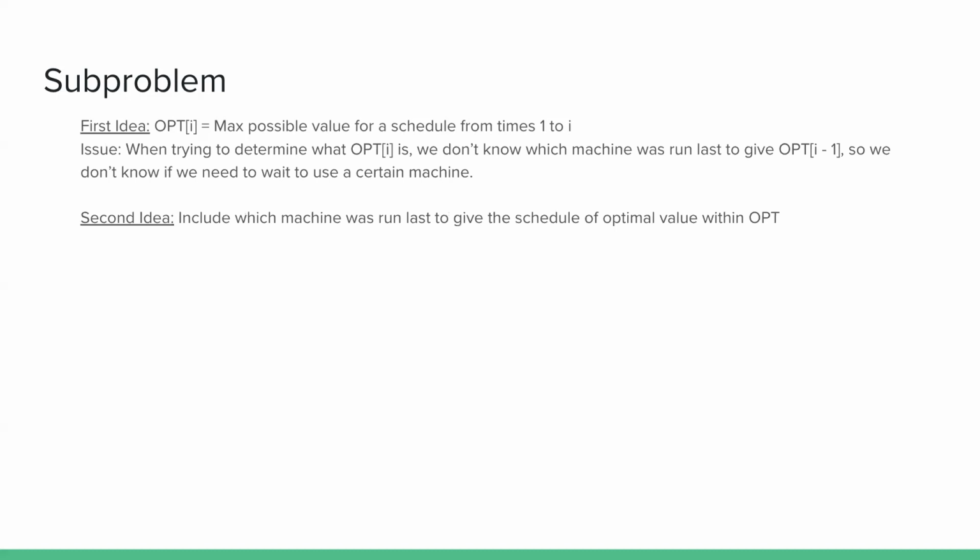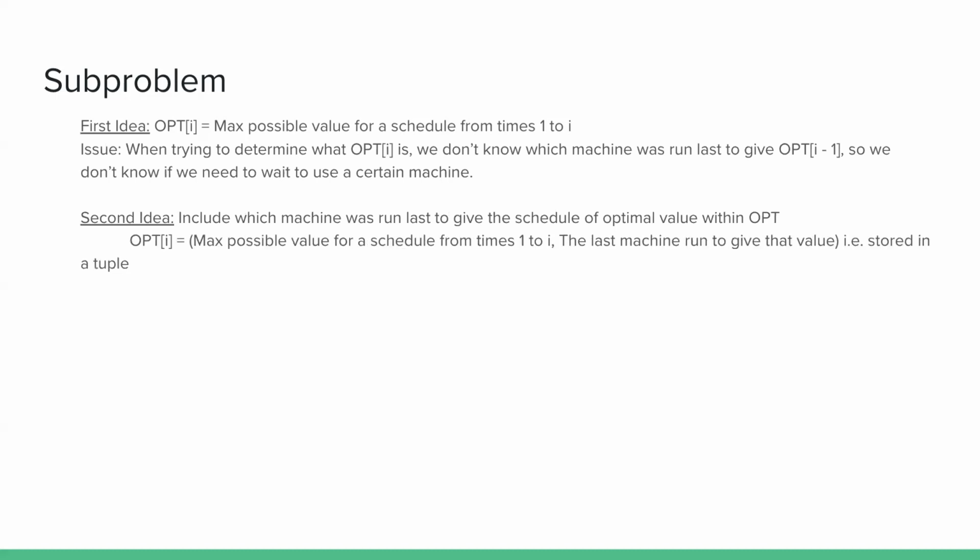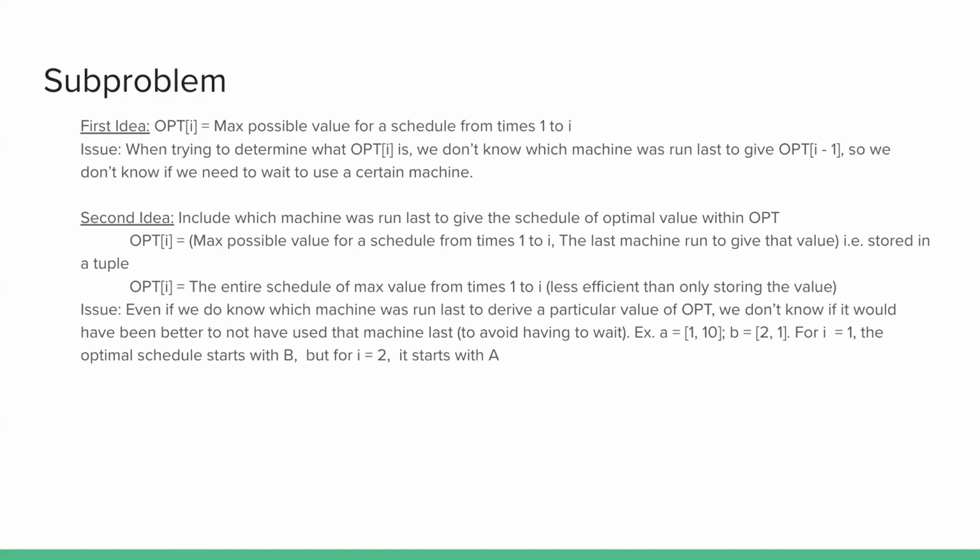But the second idea is that we include which machine we ran to get the maximum value. So for example, opt of 1 may be the maximum value together with A or B. But the problem is that this would still be hard to keep track of, because sometimes you may need to use the result from a previous time step that's not really optimal.